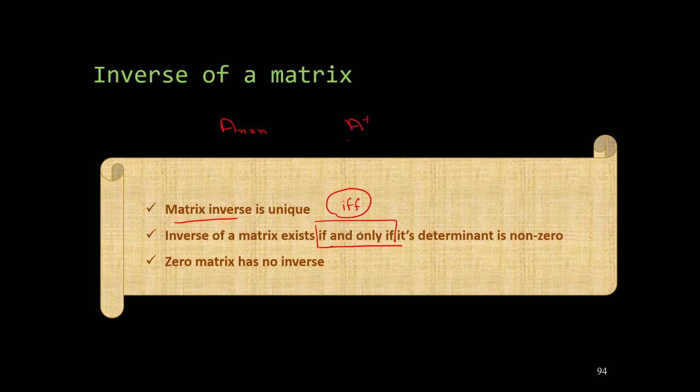So the inverse of a matrix exists only if its determinant is non-zero. This is one condition, and the other condition is, if the determinant is non-zero, then the inverse exists. So both are true, right? That is why we are using if and only if.